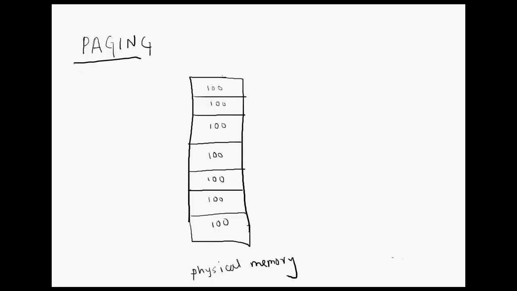And the other problem that paging has is we have to come up with a page size. If the page size is too small, then we will have too many page table entries, and that will become a problem. Maintaining such a huge page table, we have to load the page table every time. If we have too big a page size, then we'll have a big amount of internal fragmentation.